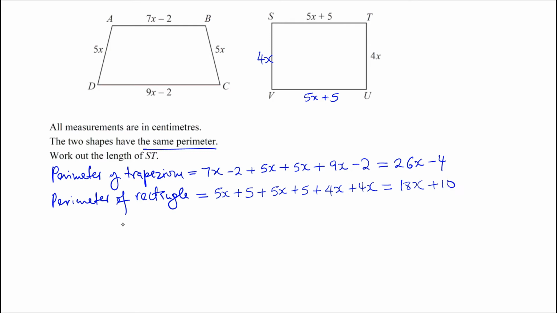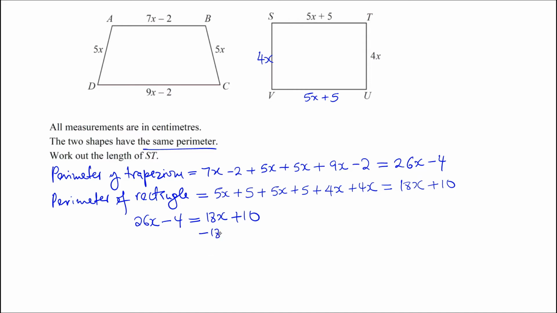But these shapes have the same perimeter, which means that 26x minus 4 is equal to 18x plus 10. All right, so let's solve for x, because we cannot find ST if we don't know what x represents.